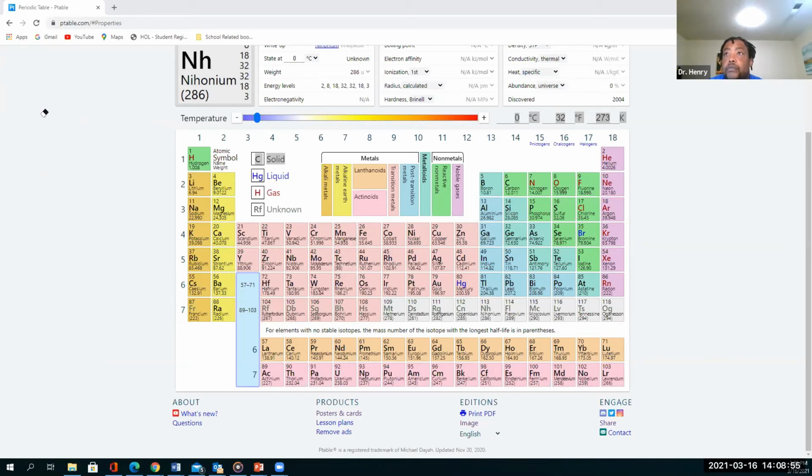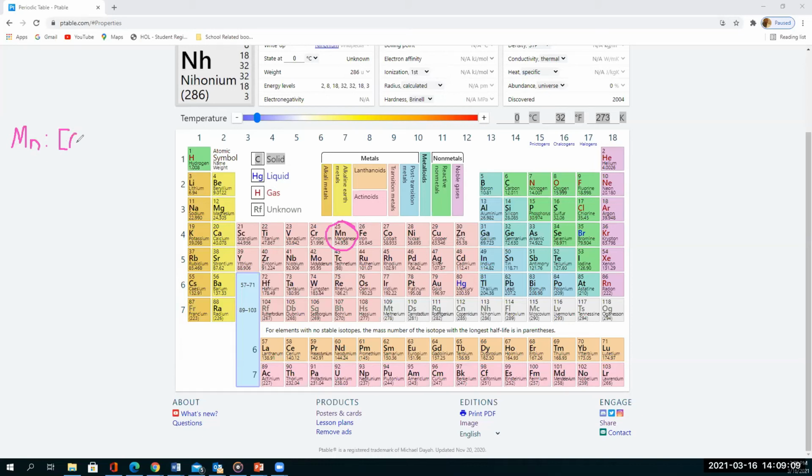So if we're writing the electron configuration for manganese, it's argon, 4s2, 3d4. No, that one's 3d5. There we go. Oh, excuse me, sorry, 5.